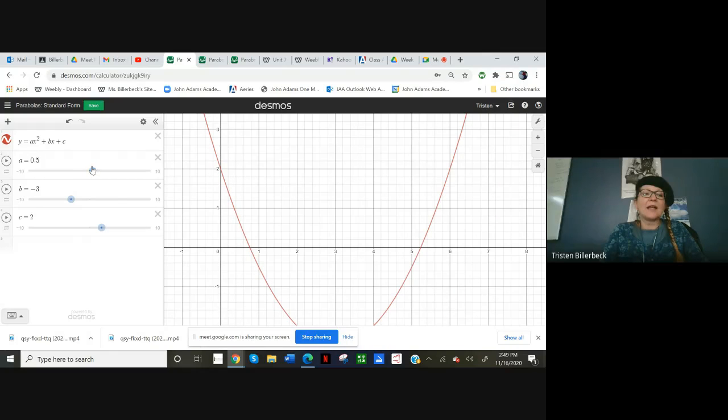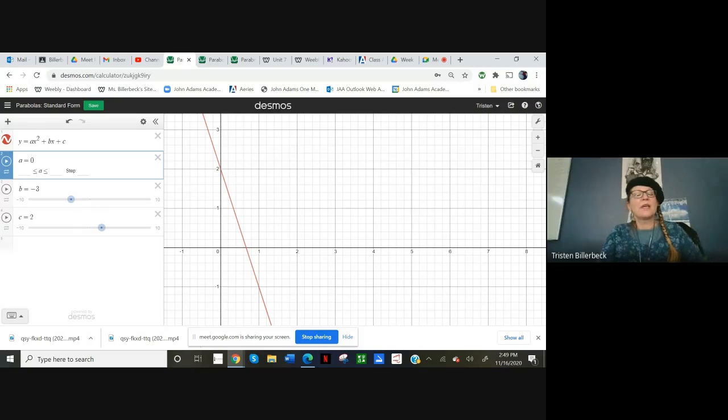And if I go to 0, I have just a straight line. That means that this whole term is gone. So then I have a linear equation with a y-intercept at 2. And if I go to -a, look at that, it turns upside down. So that's when a is less than 0. And when a is greater than 0, it is upward.